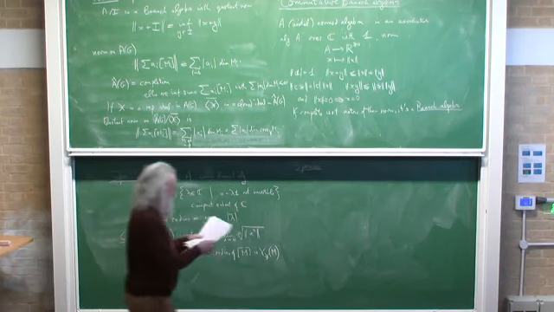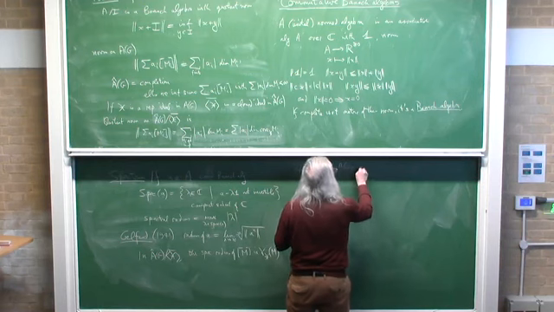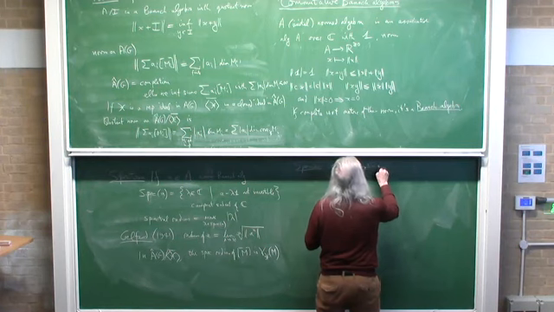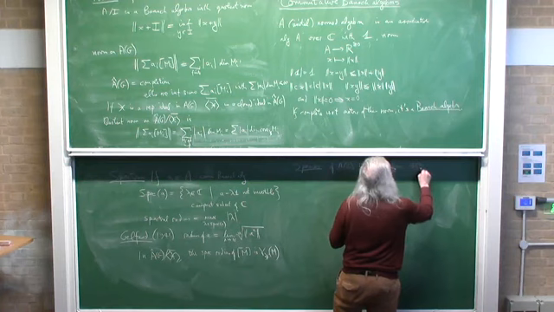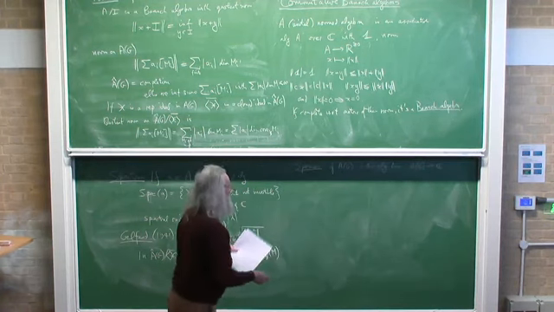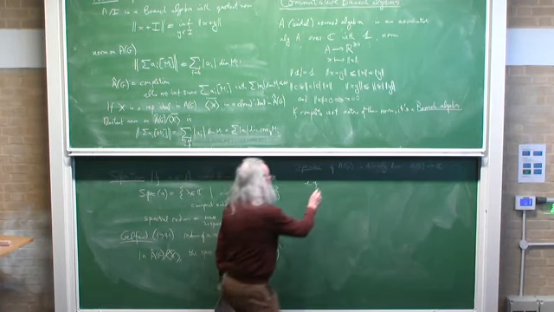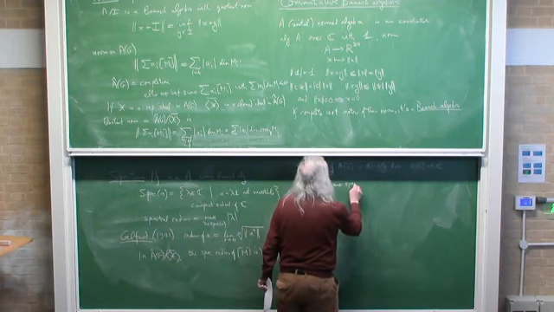Species. What are species? A species of A of G is a C algebra homomorphism from A of G to C. So, for example, you're familiar with some of these. For example, you have Brauer species.